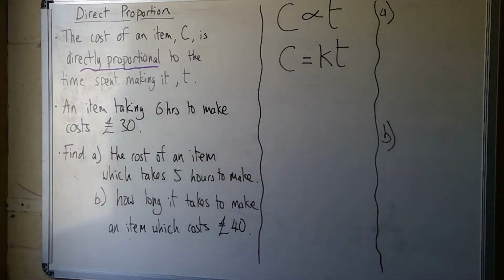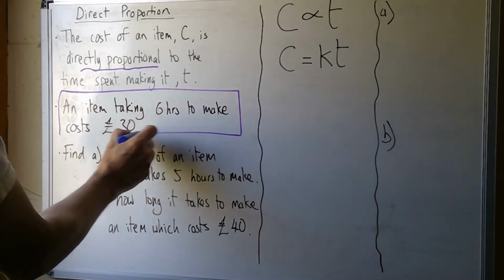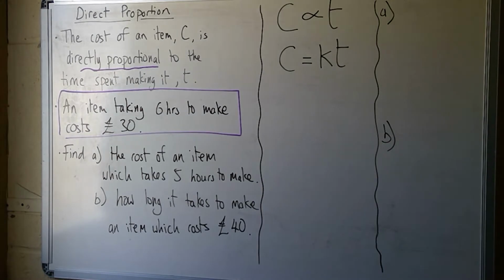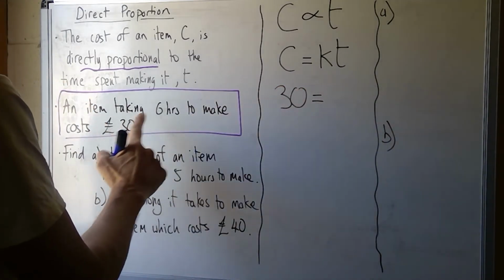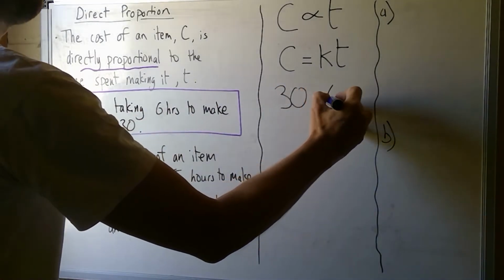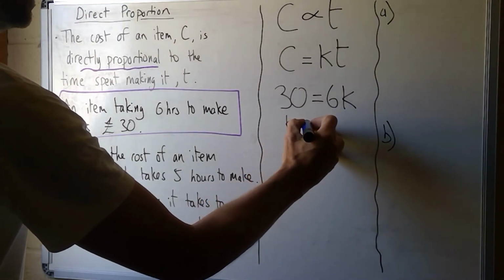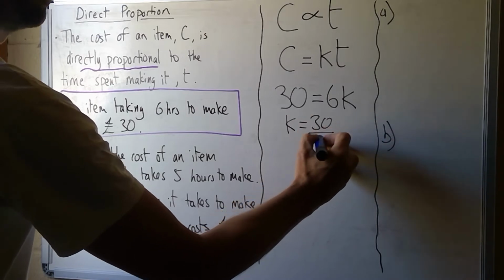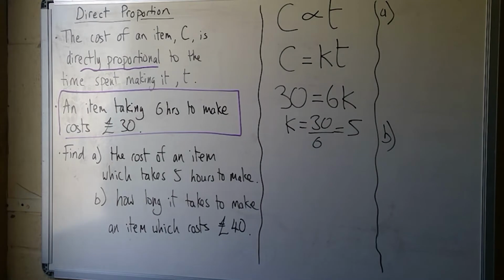To do this, we need a set of conditions, which we have here. An item which takes 6 hours to make costs £30. So if C is 30, T is 6, so we can say 30 equals 6K, and then we rearrange that equation, 30 over 6, to say that K equals 5.